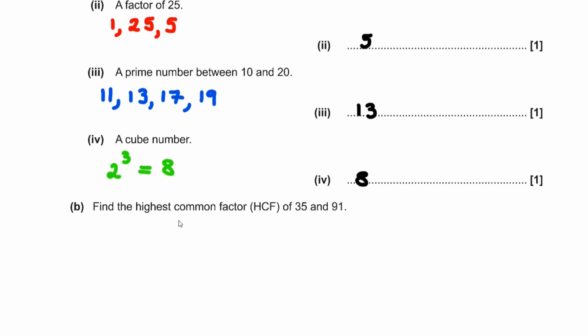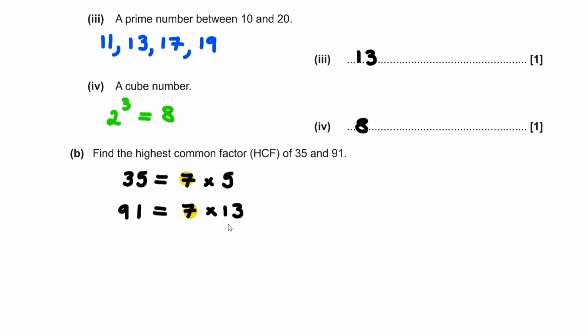Part B, we have to find the highest common factor of 35 and 91. 35 is equal to 7 times 5. And 91 is equal to 7 times 13. What's common to both is this 7, which means then the highest common factor is 7.